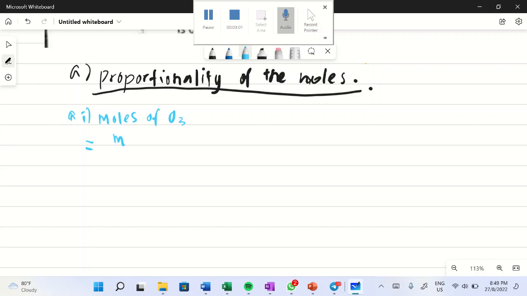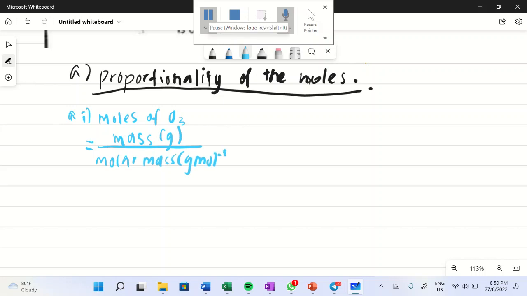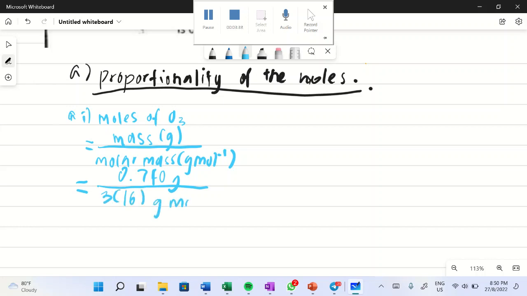We have to use the formula mass in gram over molar mass in gram mole^-1, equals to, and the answer is 0.0154 mole.